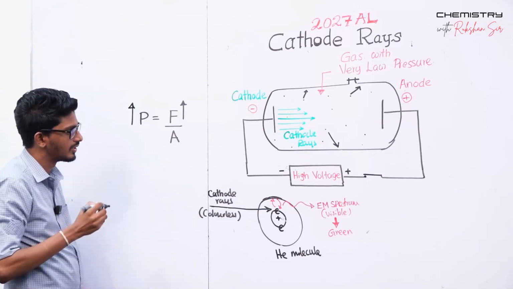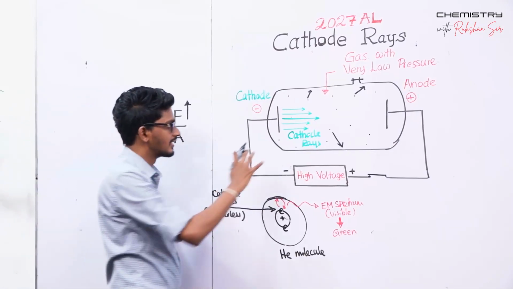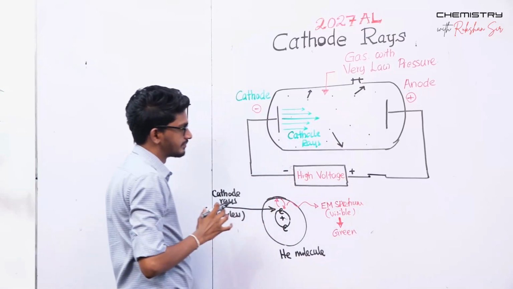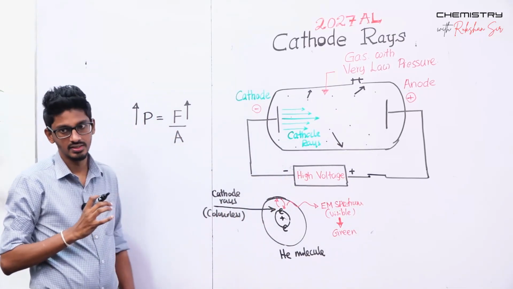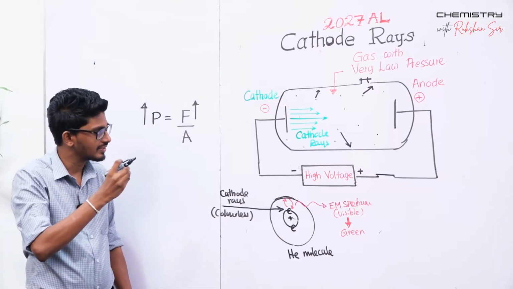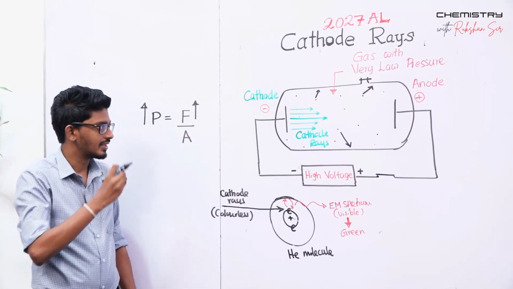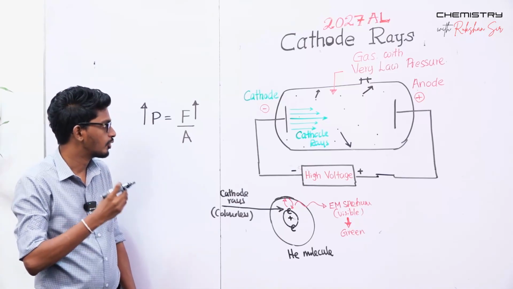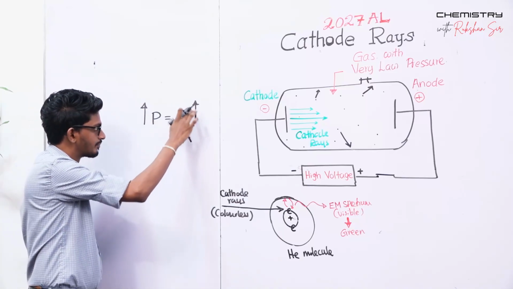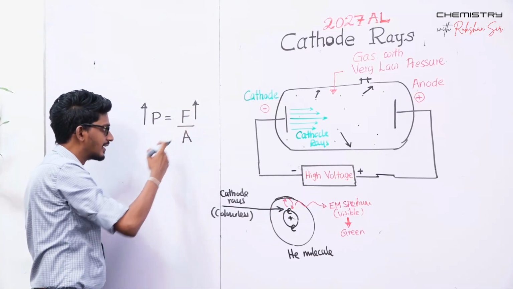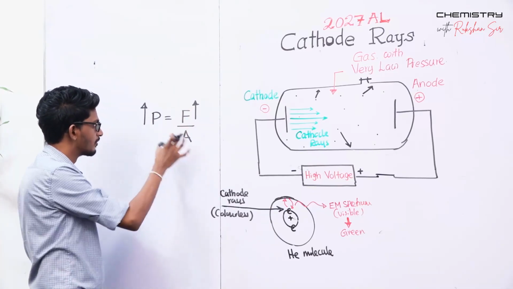So that is how pressure arises in a tube like this. In any kind of container, the pressure is due to this effect. The force divided by the area of the walls will give you the pressure.